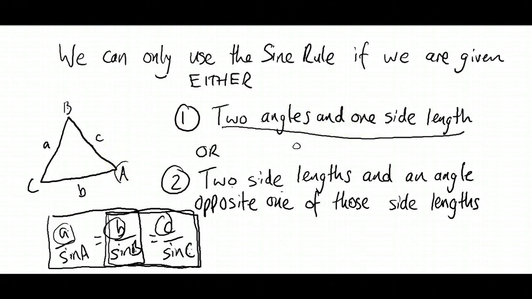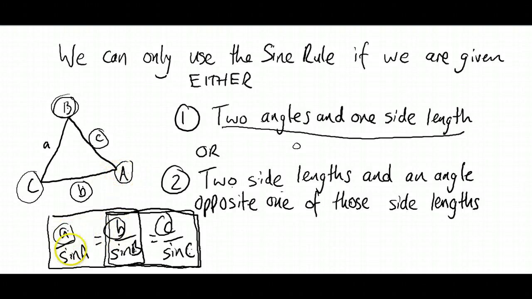So we could have angle A and angle B, and then any one of the other 3 side lengths. Or we need to have 2 side lengths, any 2 side lengths, and one of the angles that's opposite to those side lengths. So if we had c and b as our side lengths, we'd need either angle C or angle B. Having side c and side b and angle A wouldn't work with the sine rule. We wouldn't be able to solve it.